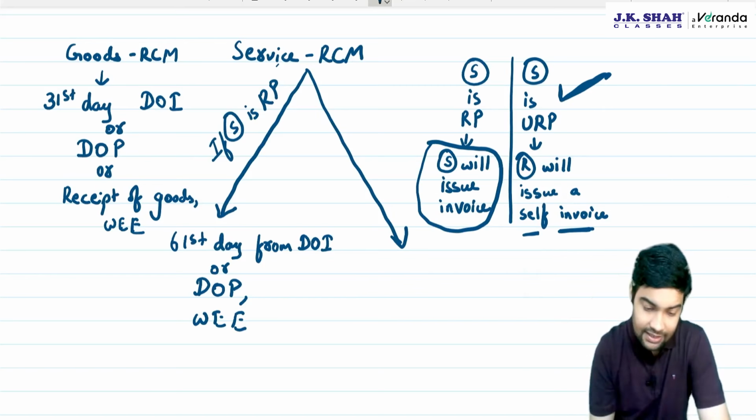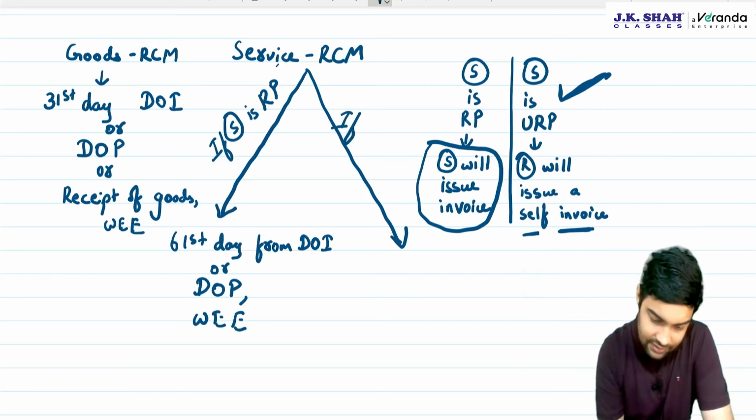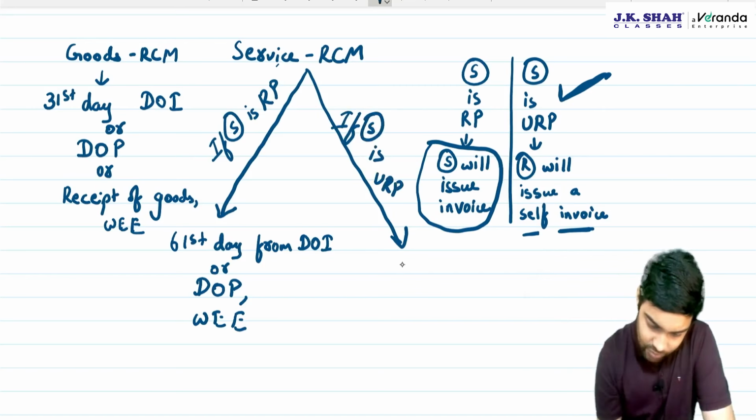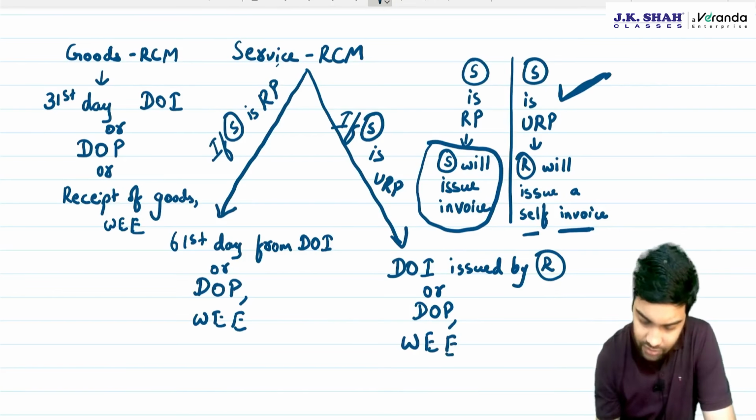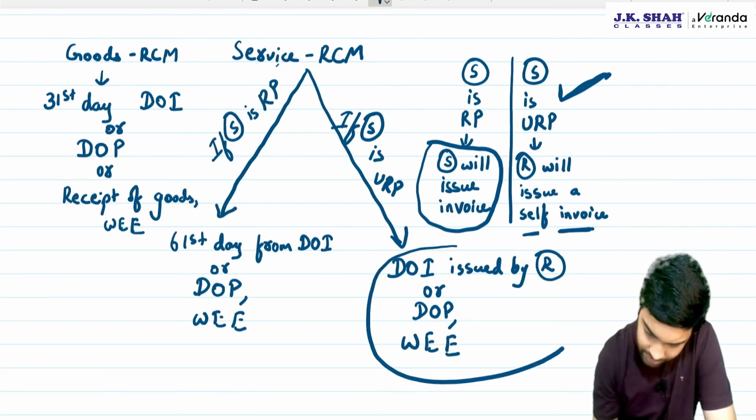Now, if supplier is unregistered, then time of supply will be date of invoice issued by recipient or date of payment, whichever is earlier. So be careful. This is the amendment.